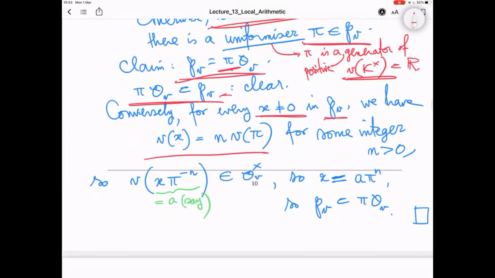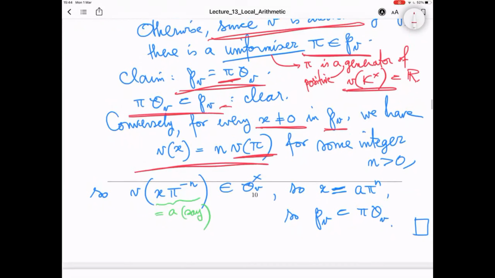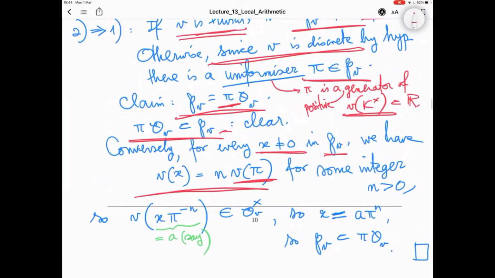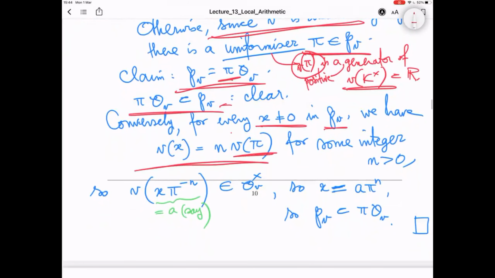Oh, wait a minute. I shouldn't have said it that way. I should have said V of pi is a positive generator of V(K star).